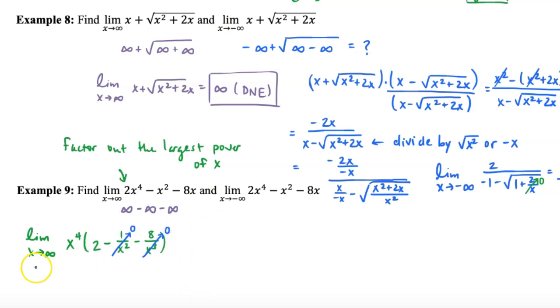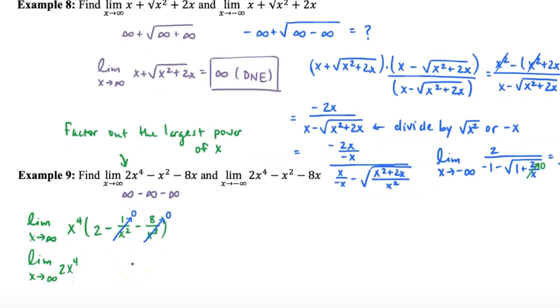And so what am I left with? I'm left with the limit as x approaches infinity of 2x to the 4th. What happens as x gets larger and larger? Well, this term also gets larger and larger. And so this is going to go to infinity, where we can say that that finite limit does not exist.